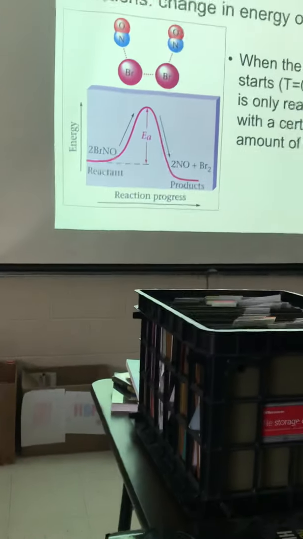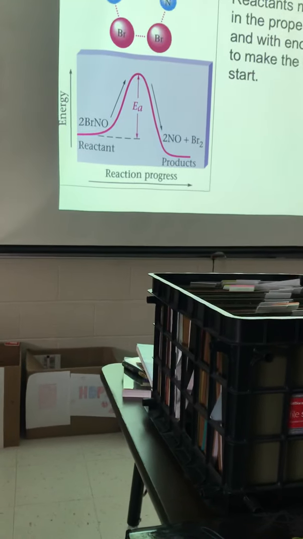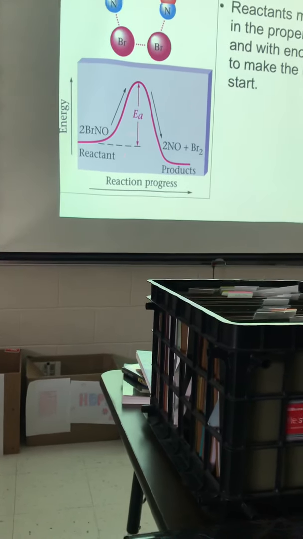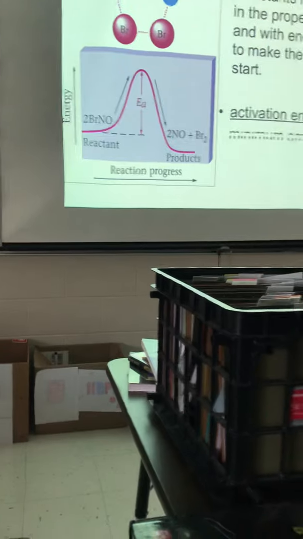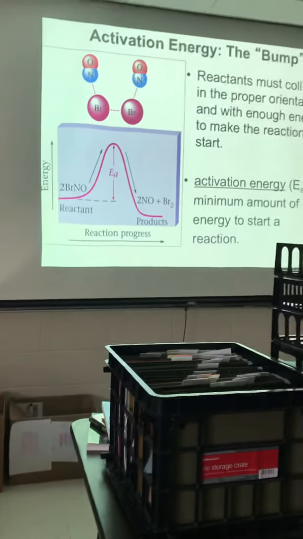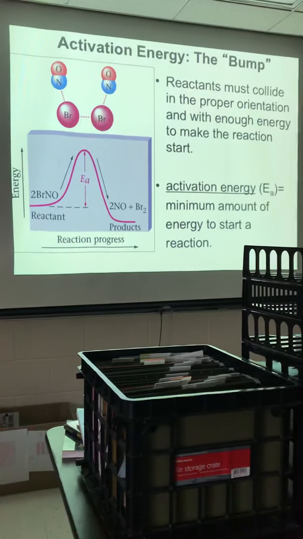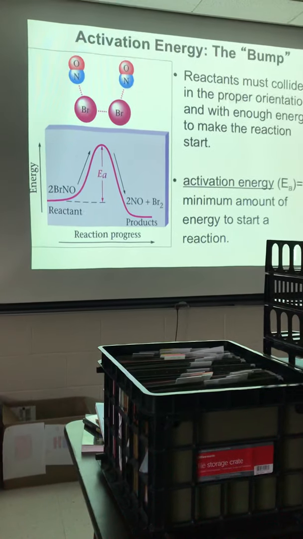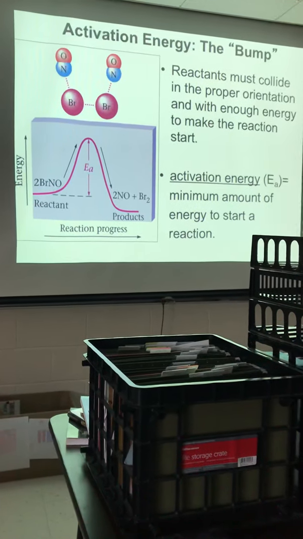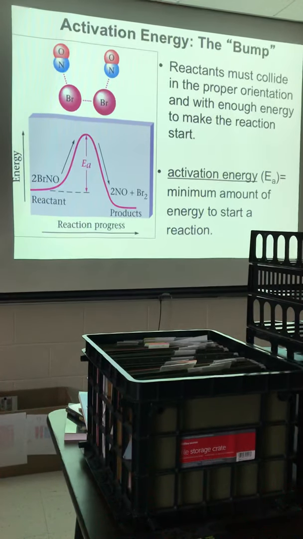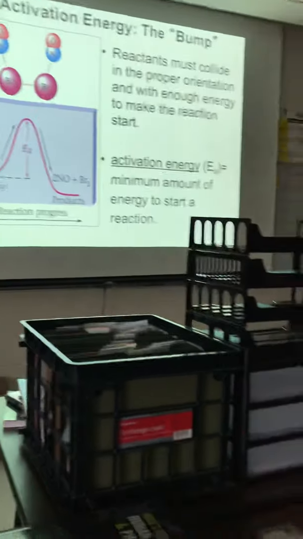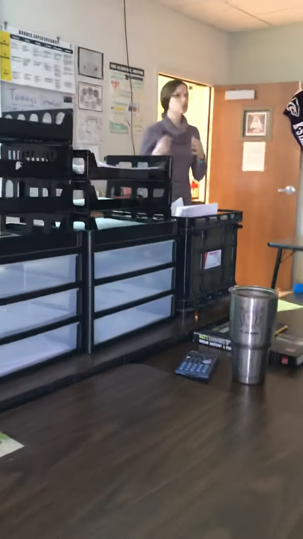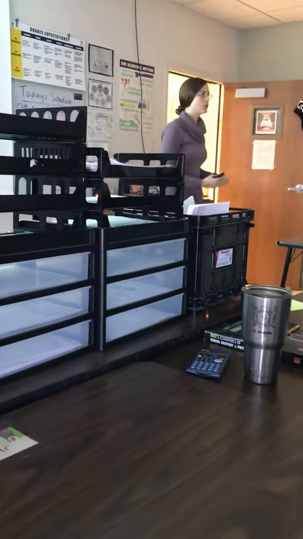Then we've got that activation energy barrier, right? That's the minimum amount of energy to start a reaction. Which means you have to collide. There is energy that has to happen in order to change your reactants to your products.